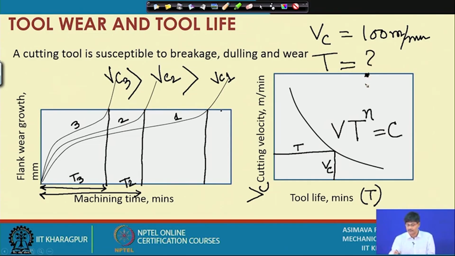For that, we need to have a value of n and a value of c. How can this be done? For example, you can carry out a number of tests and solve for n and c. What are the tests going to be? We will be carrying out tests at different values of cutting speed.